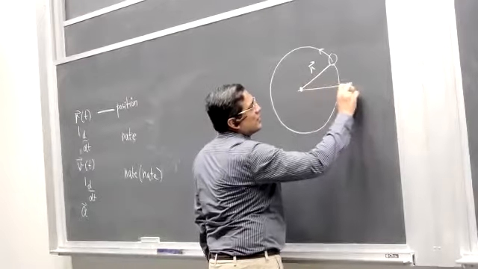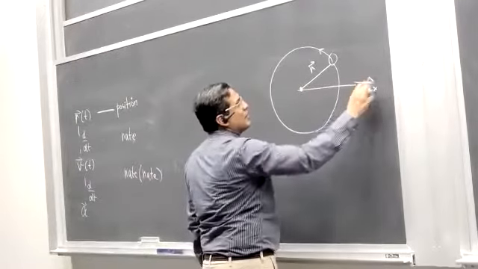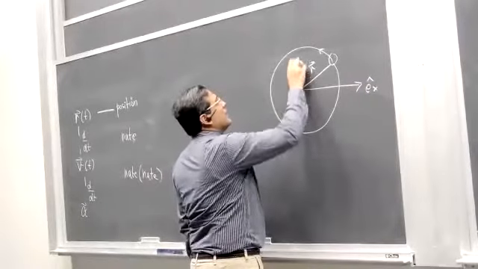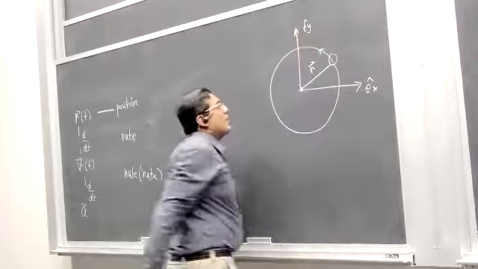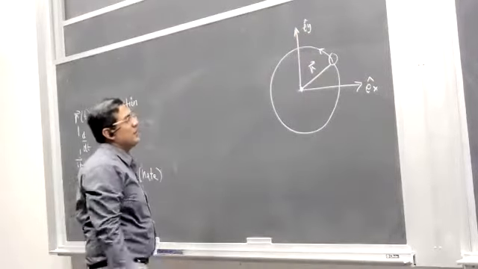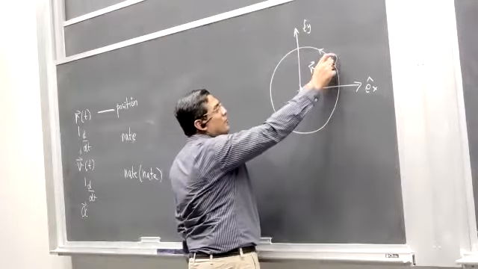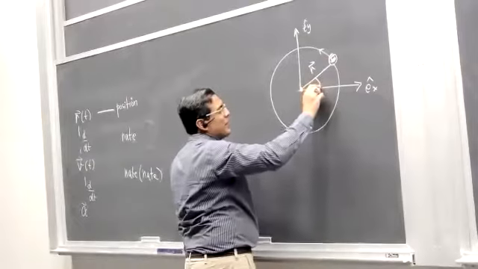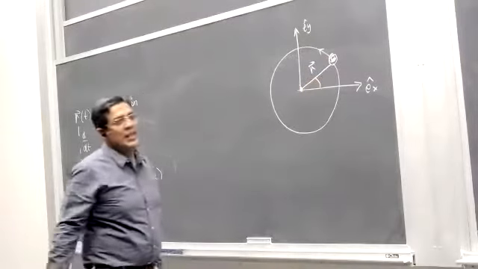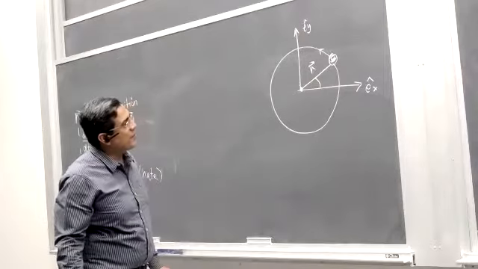Let's set the coordinate system: this is the positive x-axis, and this is the y-axis. A much simpler representation of position for an object doing rotational motion is the angle that it makes with the positive x-axis. The choice is completely arbitrary, but it's a well-respected convention.